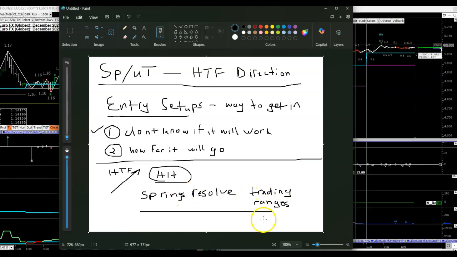It means it's going to be going to a higher high. Now, how high that is, we don't know, but that's what usually happens. And that deals with this second thing of how far it will go, because we just target the higher high at a minimum. And it's a higher time frame, higher high. Usually it's a higher time frame, higher high.